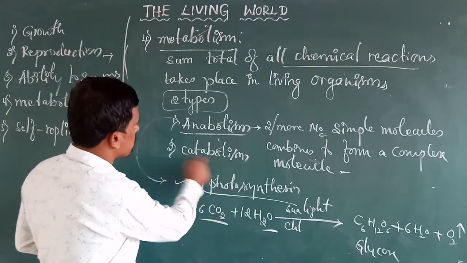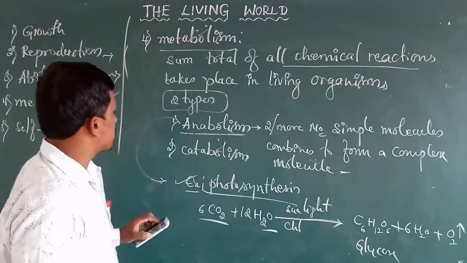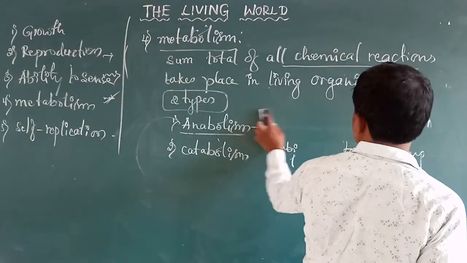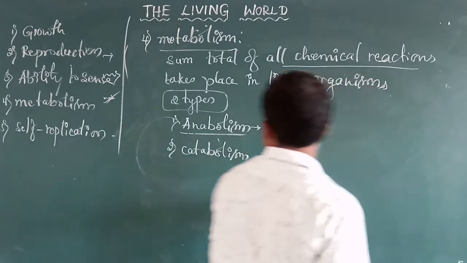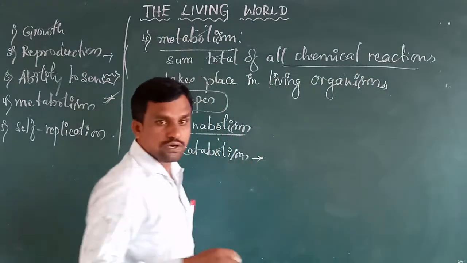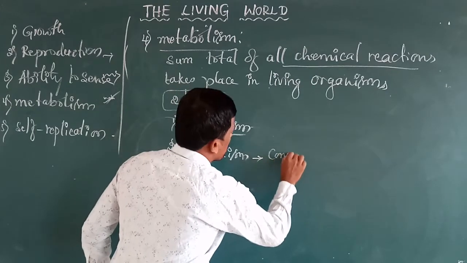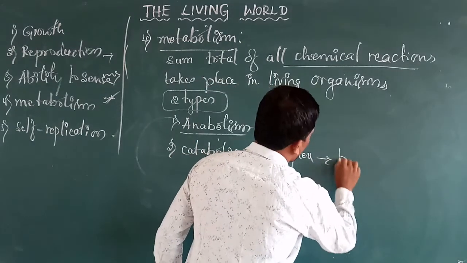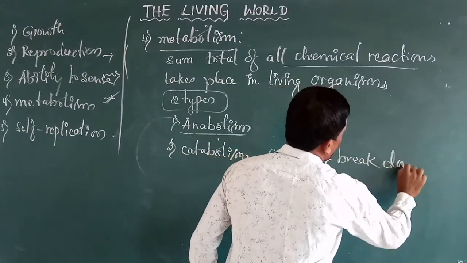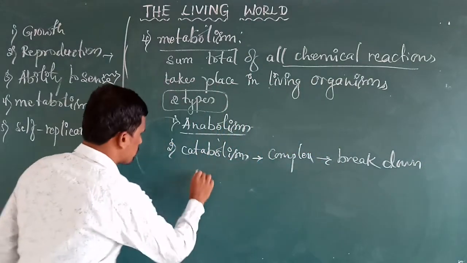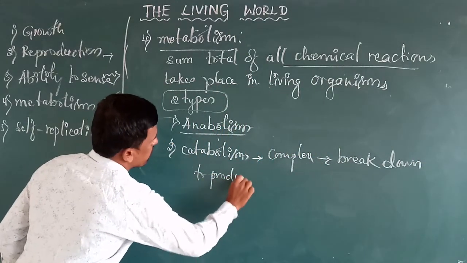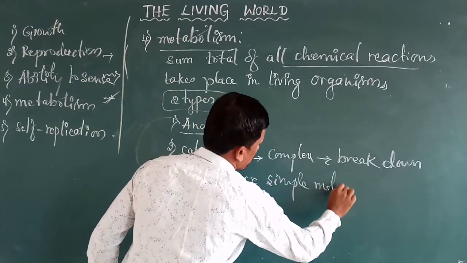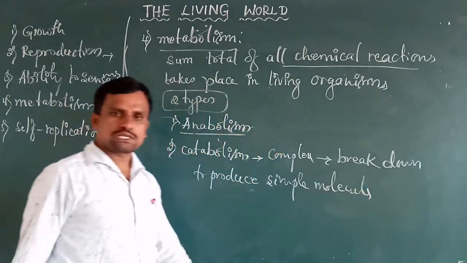Next, catabolism. Catabolism is defined as a complex molecule breaking down to produce simple molecules.